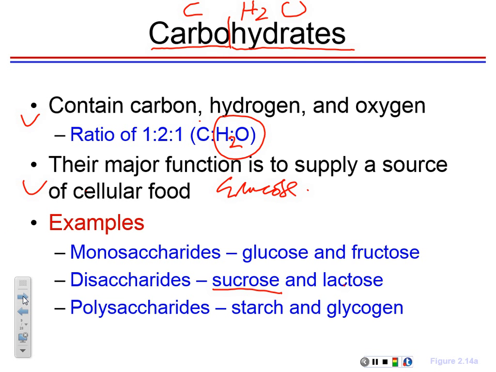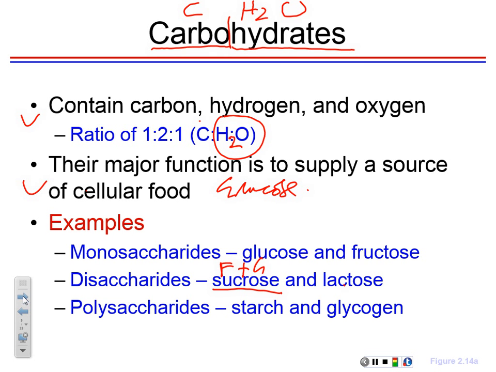Okay, let's start with sucrose first. What did we say? Sucrose is made up of two monosaccharides. In the fruits, we said fruits. Remember fruits? What does fruit sound like? Fructose and glucose make up sucrose. Right? Fructose plus glucose, FG.